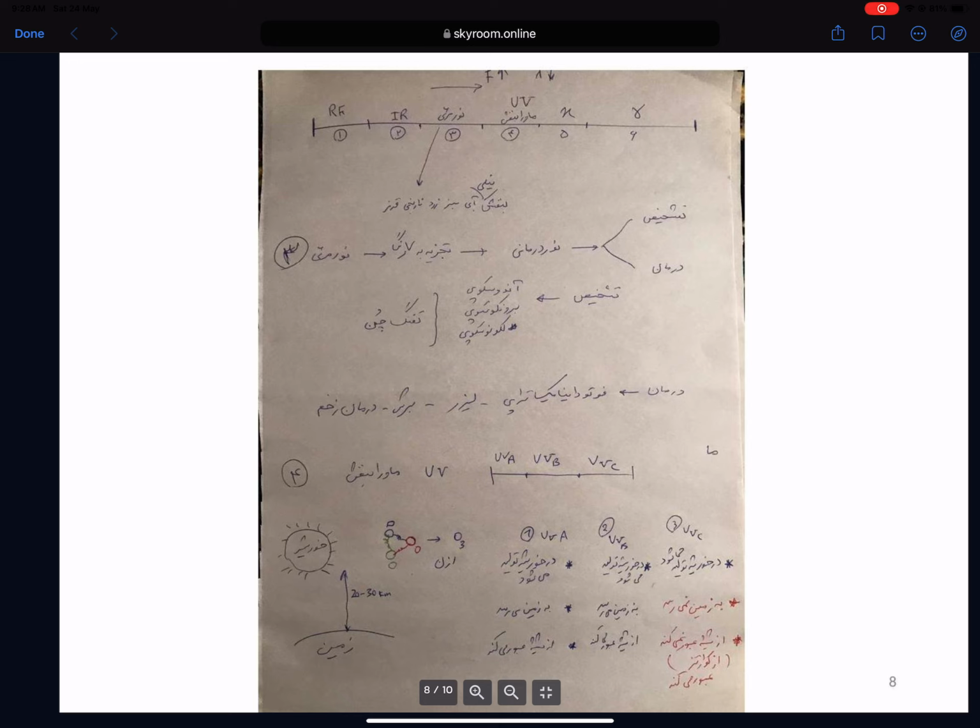The first sentence is about UVA. I will start with UVA, then we'll continue with UVB, and after that I will continue with UVC. Now, what about UVA? In the case of UVA, the source of UVA is the sun. Why is this important for me? Because we have a natural source for UVA, and we are living on the earth, so the light of the sun reaches us.